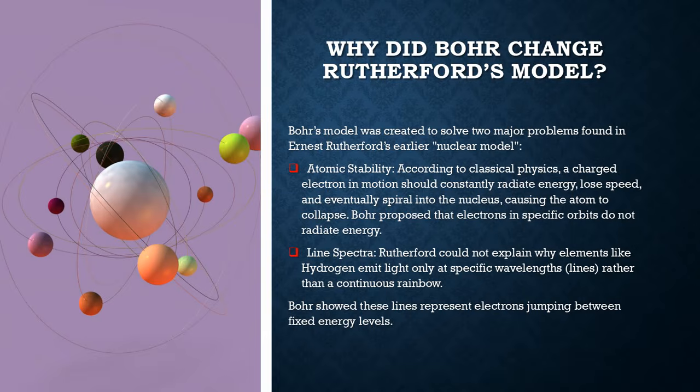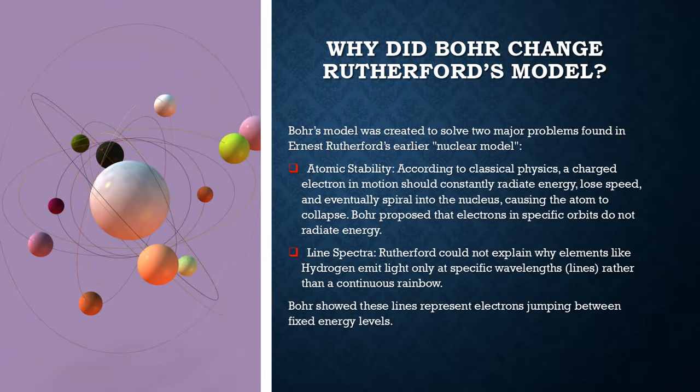The work of Bohr is based on the hydrogen emission spectra. When we talk about spectra, it means the emission of radiation, emission of light. We will look more into it when we are moving on with the other sections. So these were the two major problems that Rutherford's work could not account for.